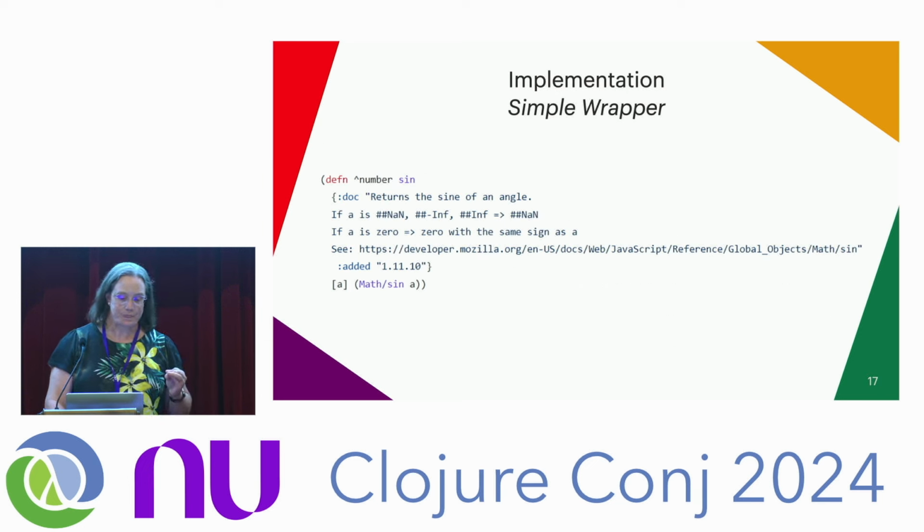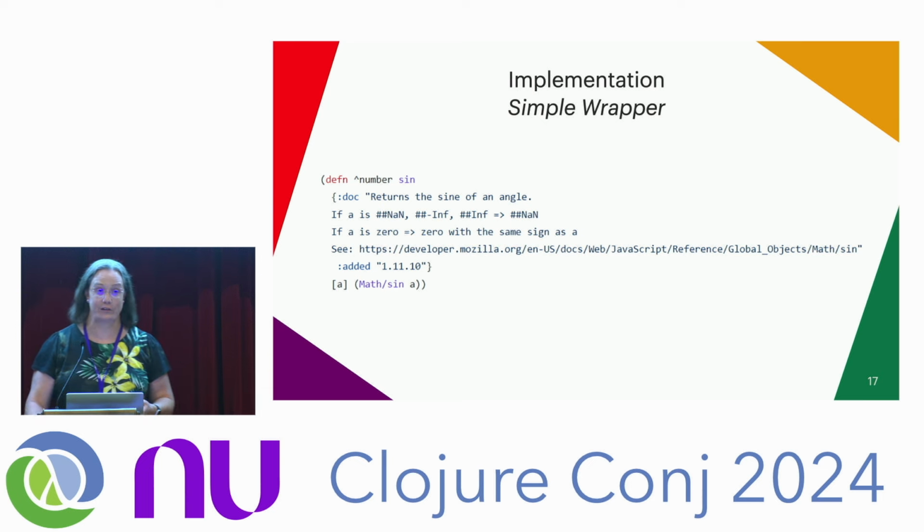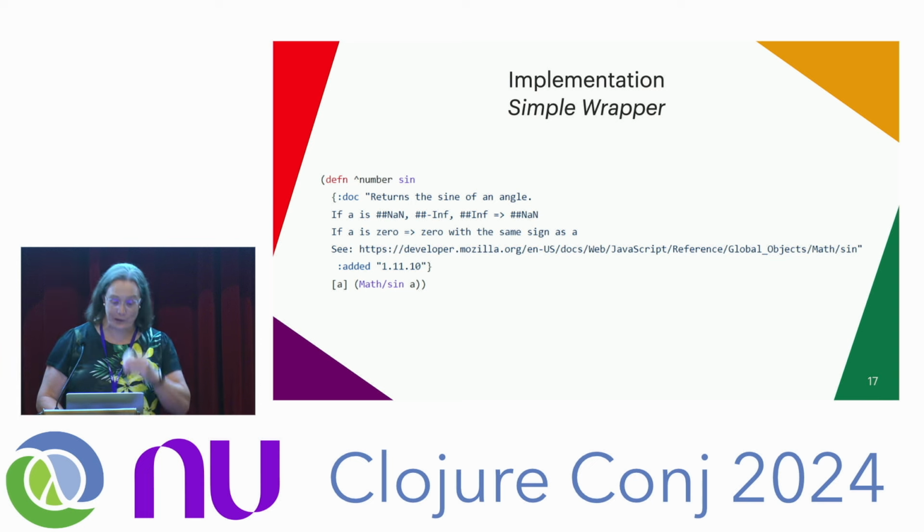So let's go into the implementation. A lot of the functions that we want to work with don't have to worry about this. We can just use simple wrappers. And in fact, the Clojure Java math was doing exactly this.